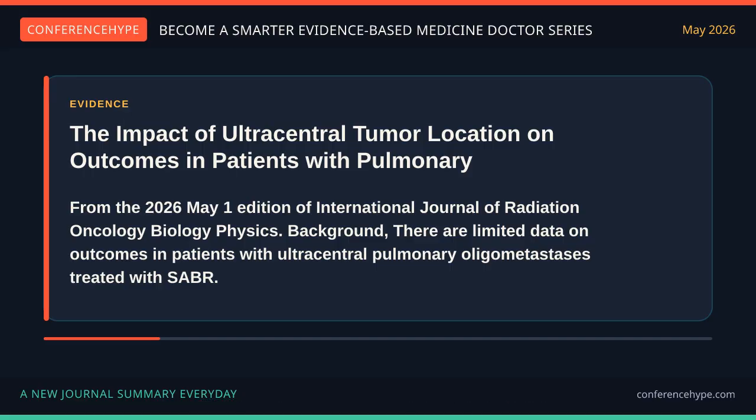Results: in total, 41 patients with 45 ultracentral metastases and 93 patients with 172 non-ultracentral metastases underwent SABR. Discussion: in this prospective patient cohort, SABR for ultracentral tumor had low toxicity rates and good local control.